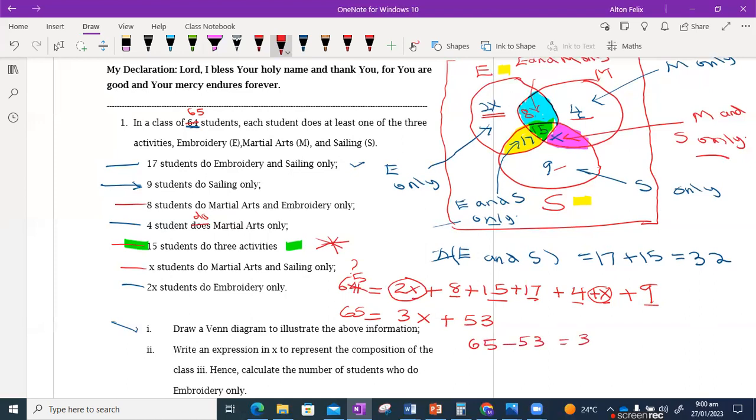This will give us 3X plus 53 minus 53. And therefore, this will give us 12 equals 3X. And then based on the third part of the question, hence calculate the number of students who do embroidery only, we need to solve this X. Let's solve it.